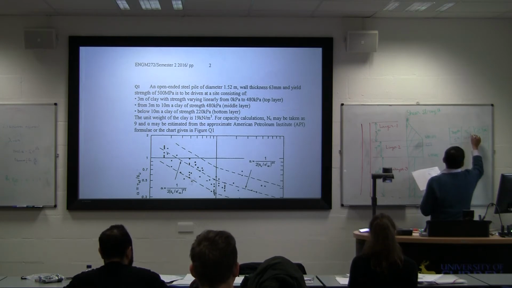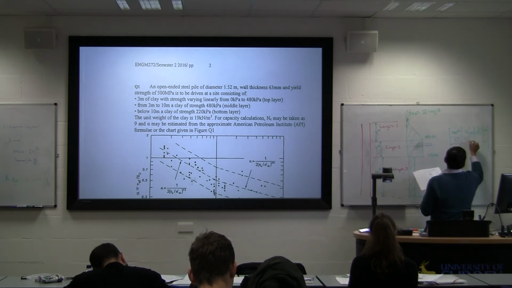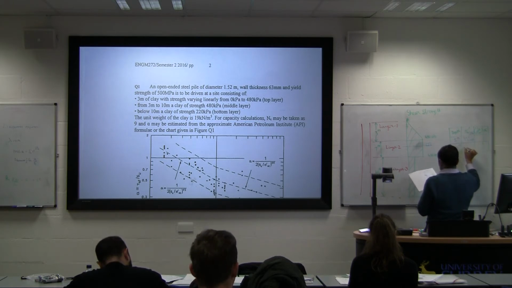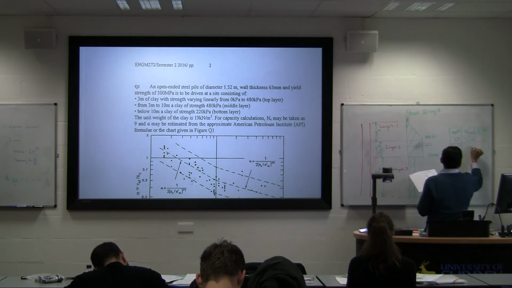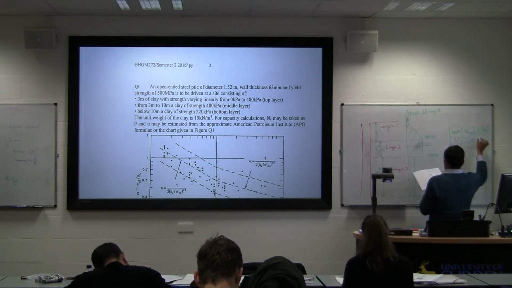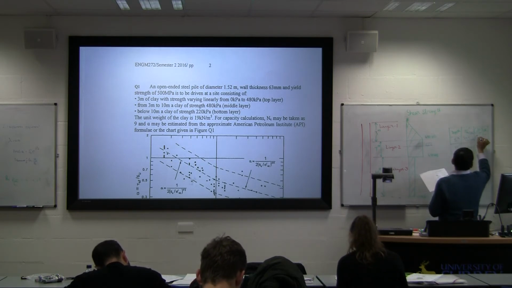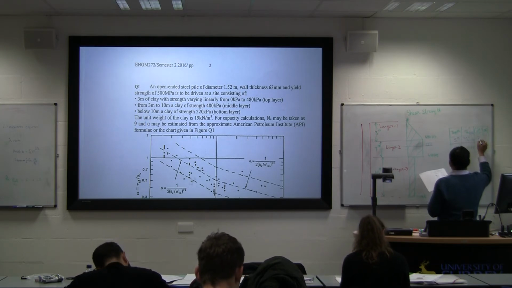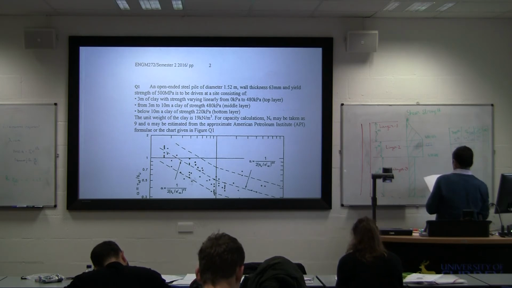At 30 meters, you can also get 270 kPa. And that ratio would be 480 by 45, and here is 220 by 270.